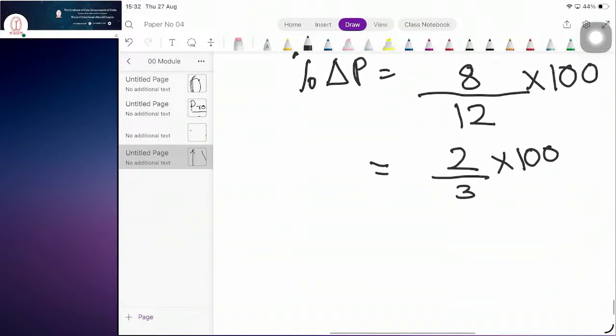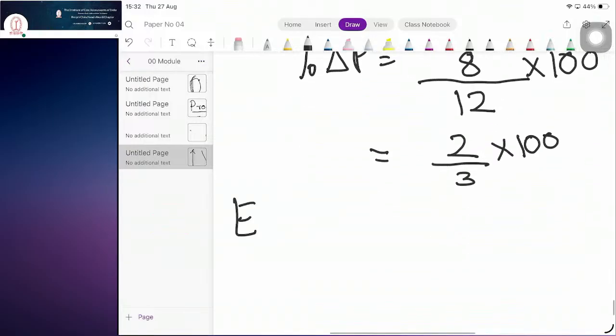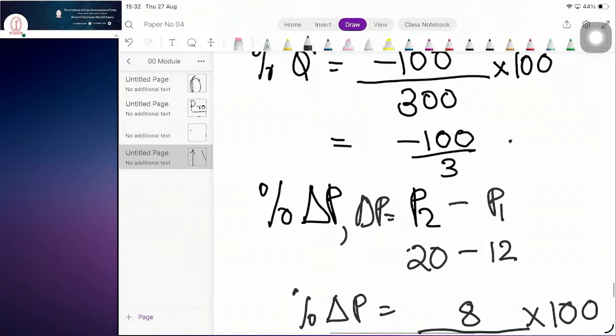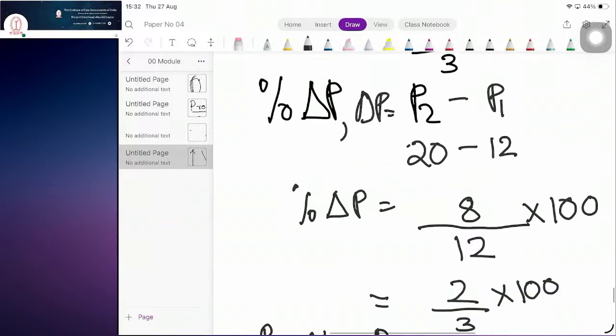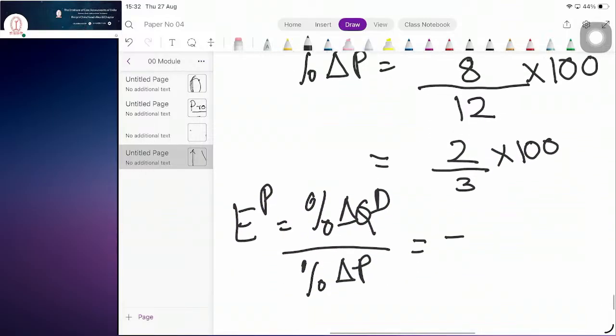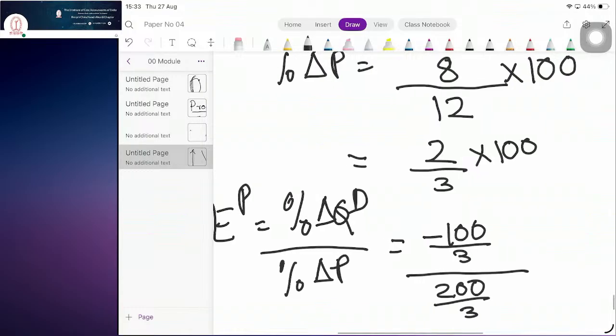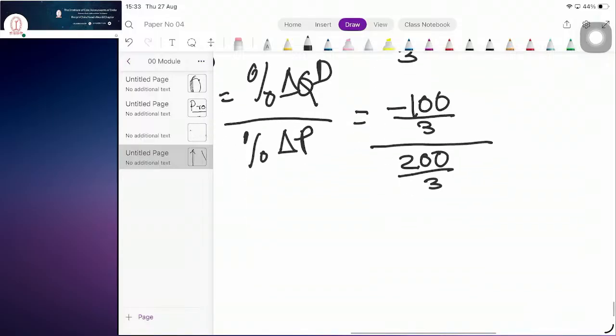So now let us write this. Elasticity of demand is percentage change in quantity demanded upon percentage change in price. Our percentage change in quantity demanded is -100 upon 3 and this is divided by 200 upon 3.